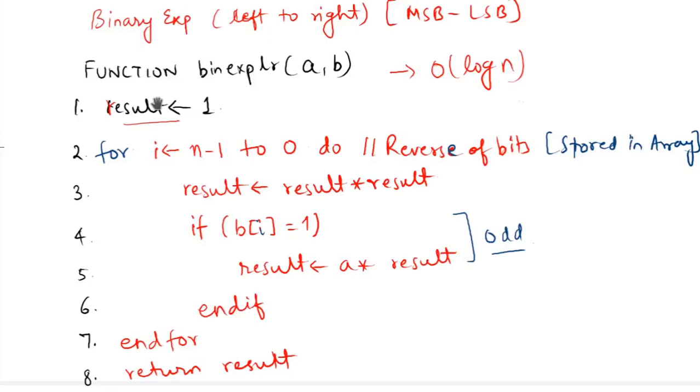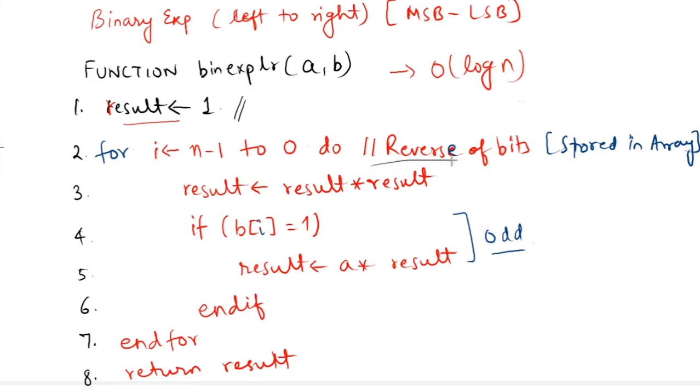Binary exponentiation method from left side to right side, that is from MSB to LSB, can be represented like binary exponentiation left to right taking base and exponent value. Similar to the right to left or iterative method, result has the value of 1, and here the bits have to be traversed from n minus 1 to 0.